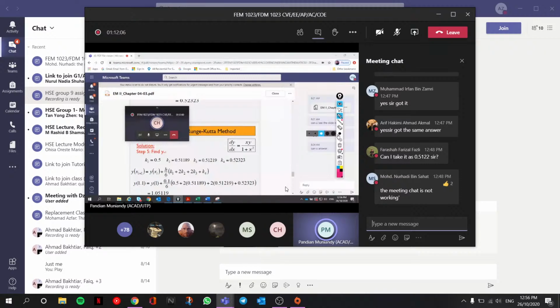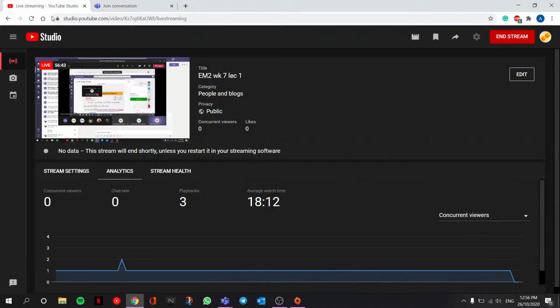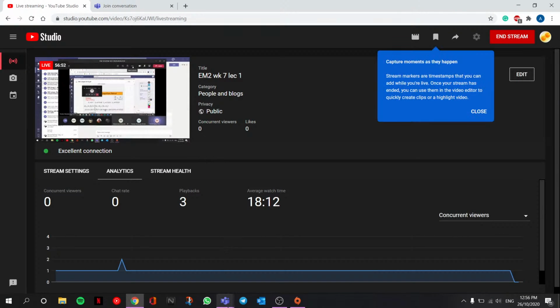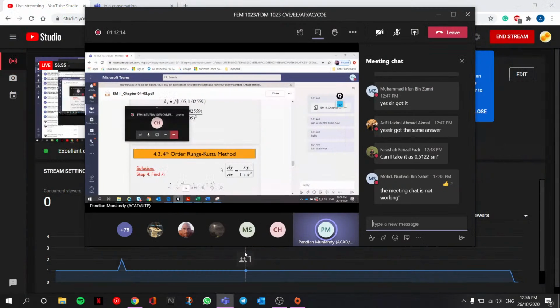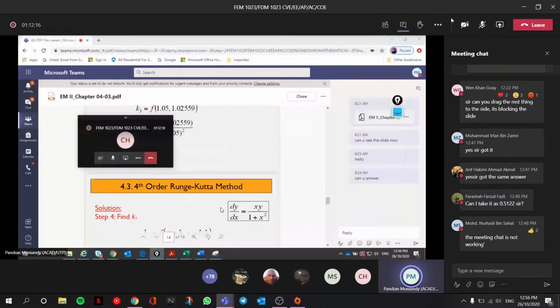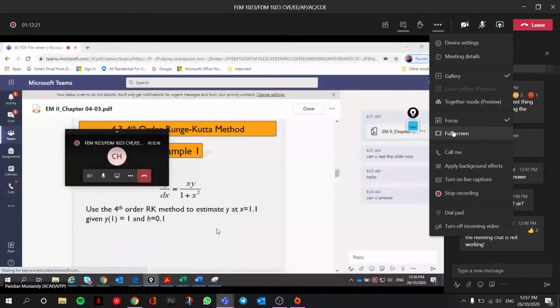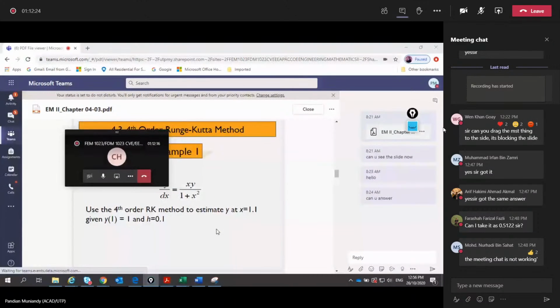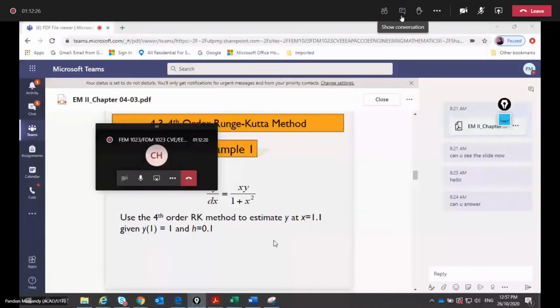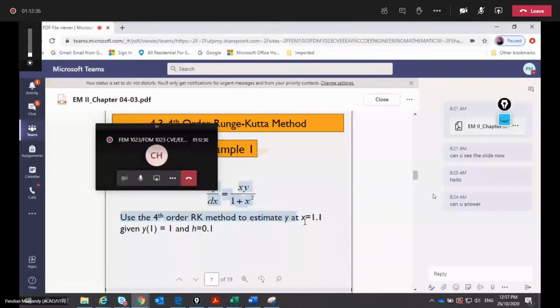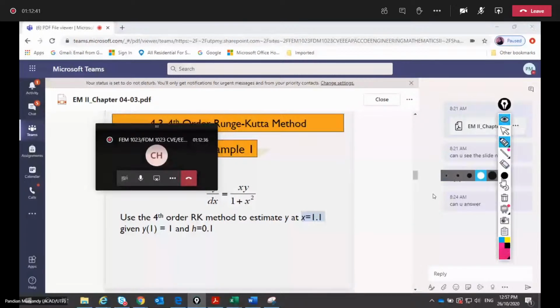So now the y at 1.1, you already answered the question. But the problem here is we are not sure the value at 1.1 is the final output. So you just calculated the y at x 1.1. So we go a little bit further.